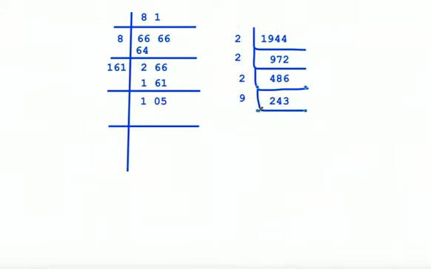9 3s are 27. 9 3s are 27. 9 7s are 63. 9 27 is right.